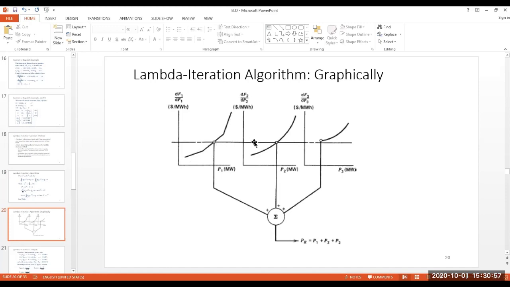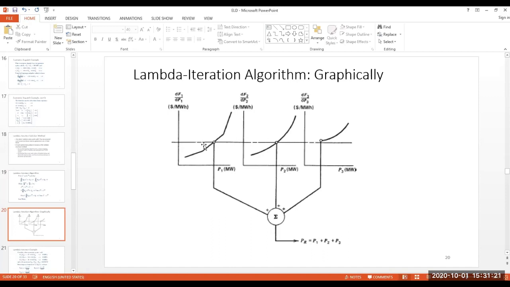At the same time, whatever generation is coming out, I'm going to sum them up to satisfy the required demand. I will stop my sliding whenever P1 plus P2 plus P3 is exactly equal to P demand, or PR according to this diagram.